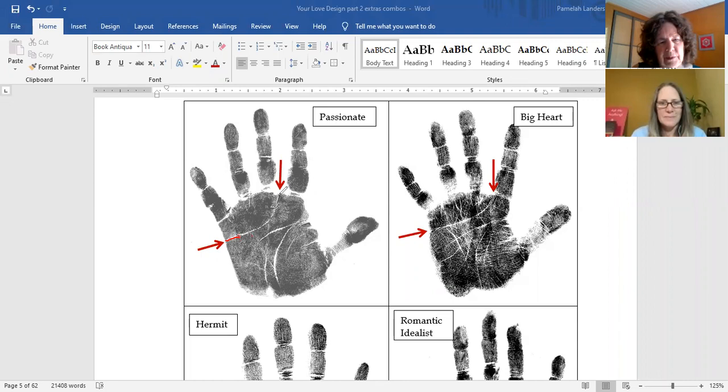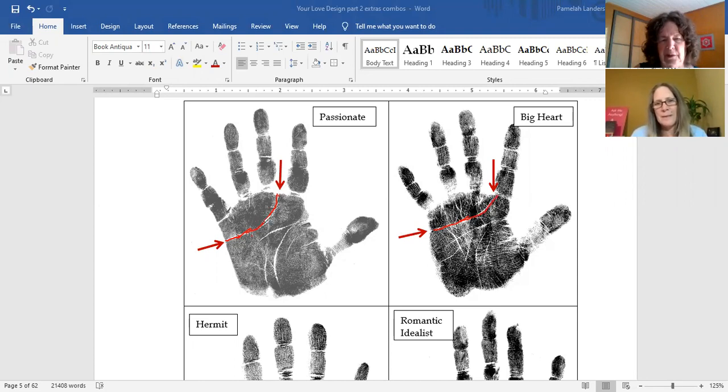This one curves up to the middle finger, which is called Saturn in the world of hand analysis. And this one also curves, but it curves up to the index finger.